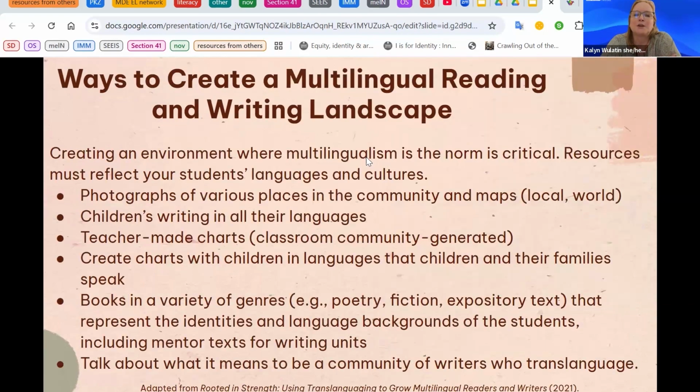Then again, we mentioned earlier about having a multilingual reading and writing landscape, right? So a lot of things that we can do is getting photographs of places from the community or places around the world. Again, Laura Gardner from Immigrant Connections, another great organization.